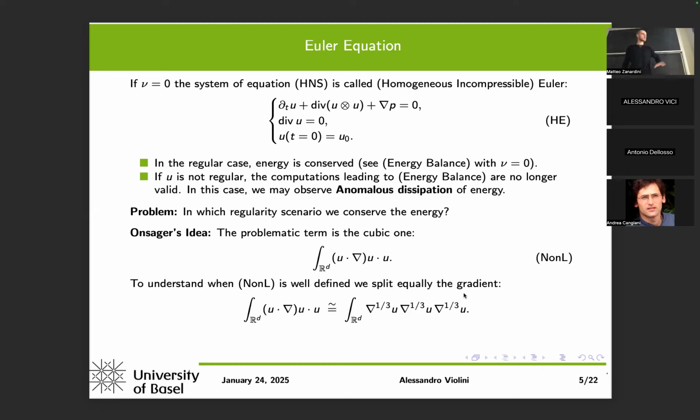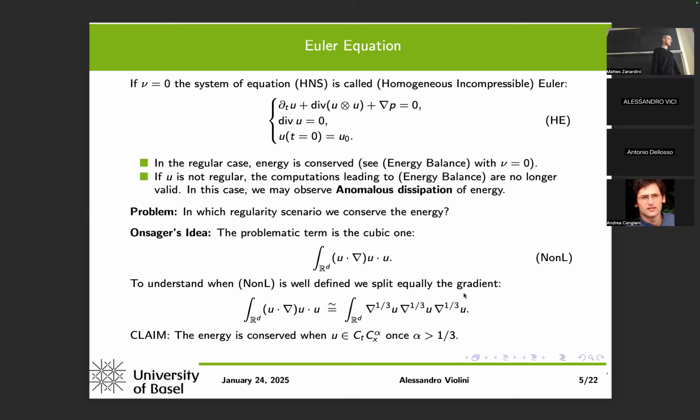His idea, which is just an idea, is to say, if I split equally the gradient between the three factors, I can write something like this. And then he probably thought that the right-hand side here makes sense, is valid, when U is C^alpha Hölder, with alpha greater than 1/3.